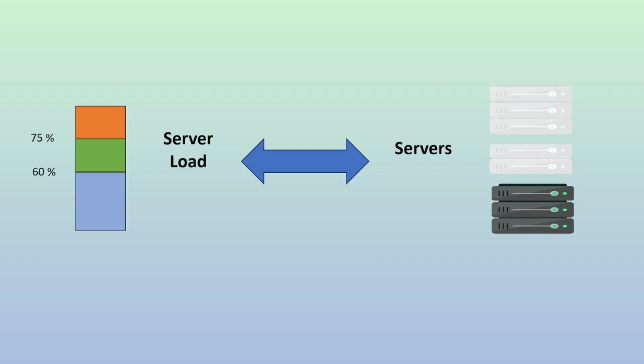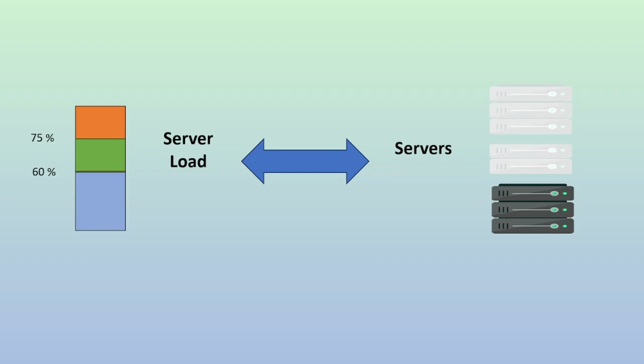And when your load goes down, let's say below 60%, you do something called downscaling, where you reduce the number of servers. So you will set up the system in a way that it automatically takes care of maintaining my target server load or CPU usage between 60 to 75% and manages the servers accordingly.